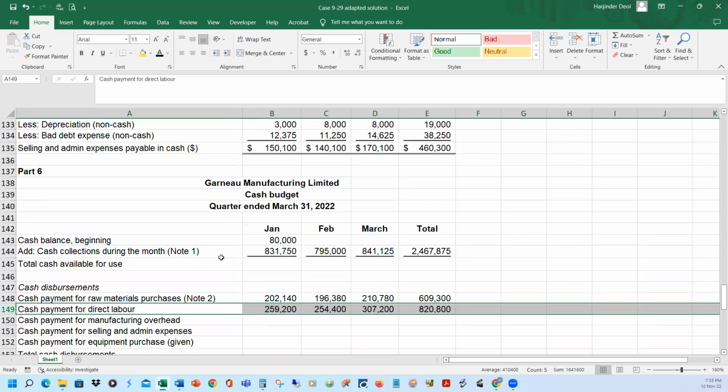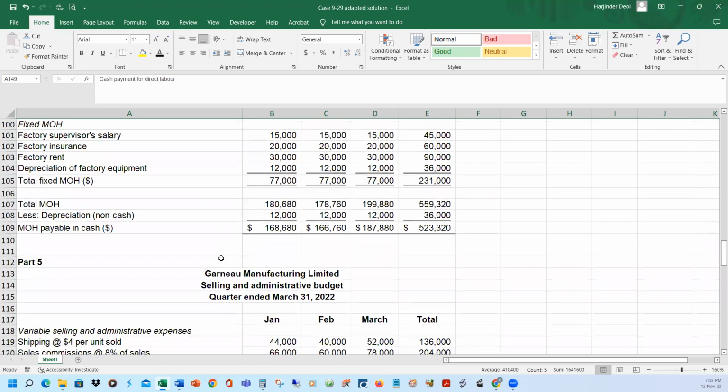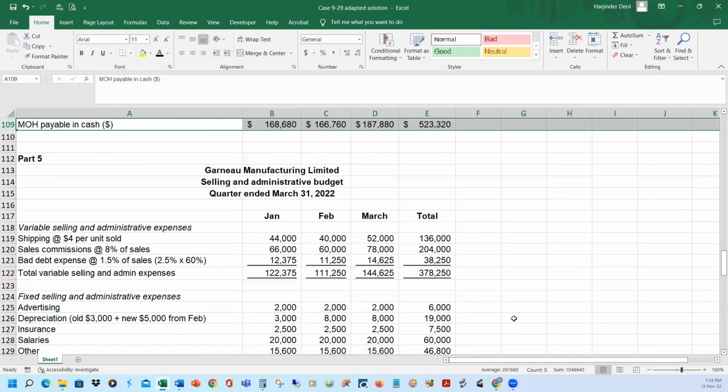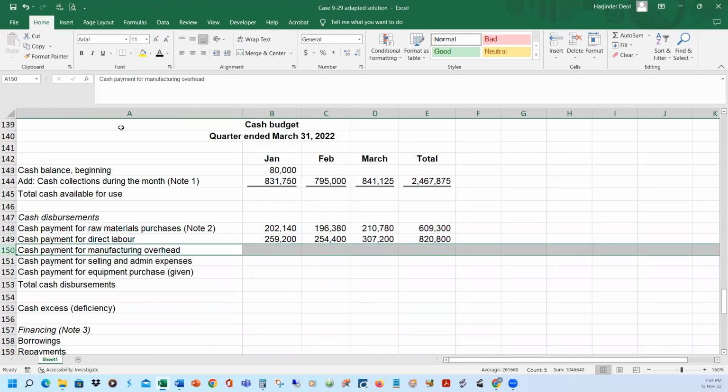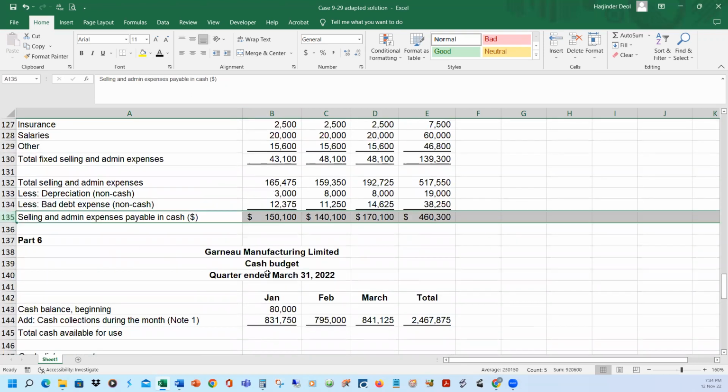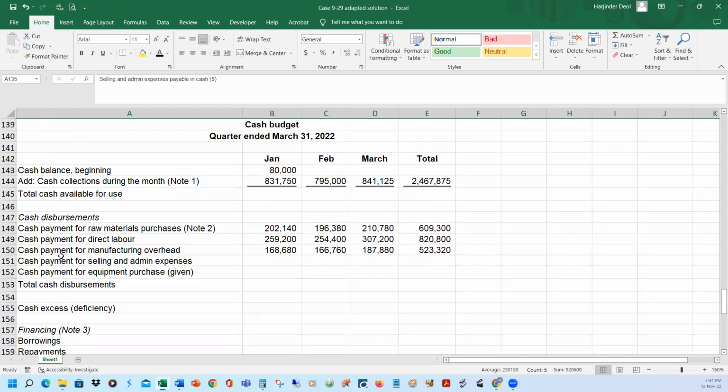Likewise, cash payment for manufacturing overhead. We had calculated the manufacturing overhead payable in cash, total of 523,320. So bring that down. And the cash payment for selling and admin expenses, we had computed that to be $460,300.